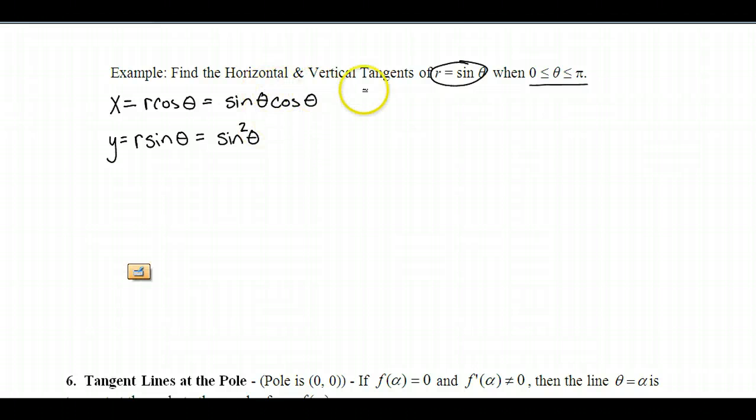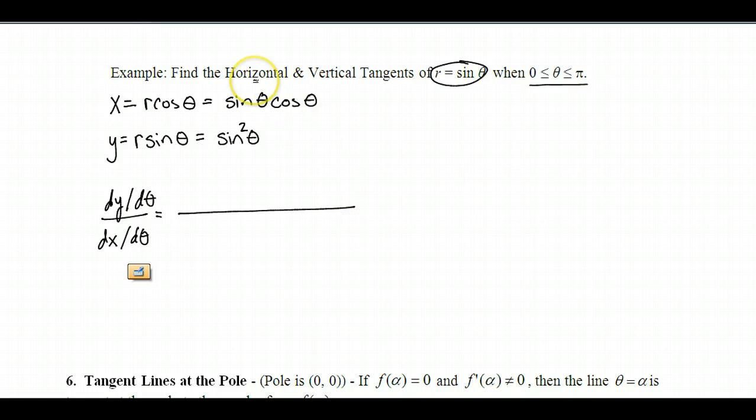Now to find my horizontal and vertical tangents, I can write out the entire derivative here, because I have to look that they're not simultaneously 0. So you're almost forced to do both of these things. Even if I just say find horizontal tangents, you have to also check your vertical tangents, because if they're simultaneously 0, it's not a horizontal tangent. So the derivative of y, well, here's y.